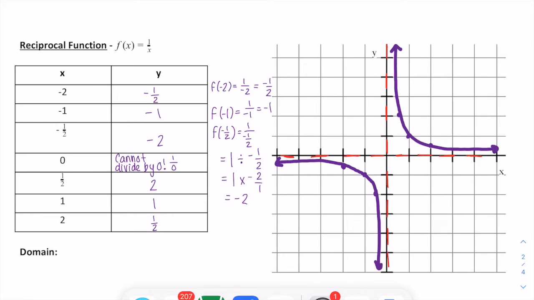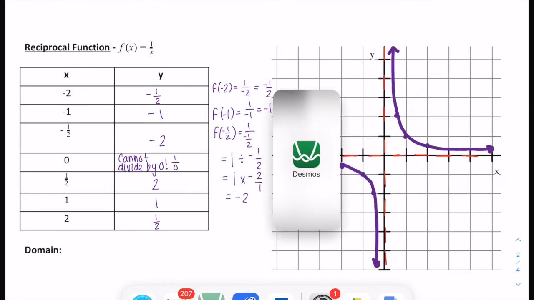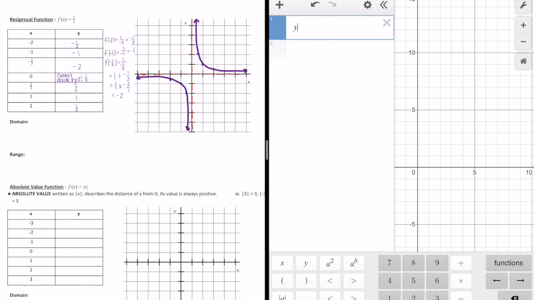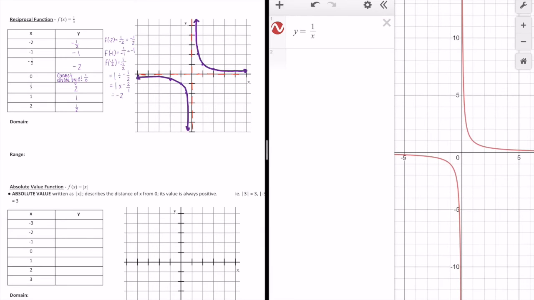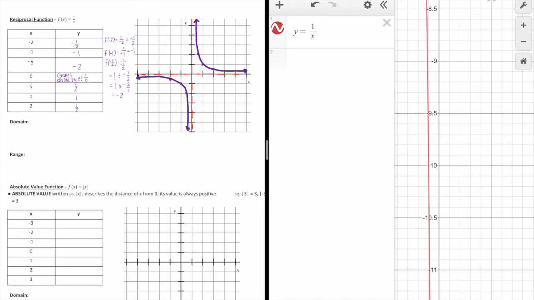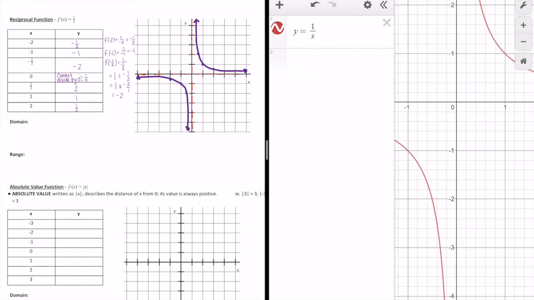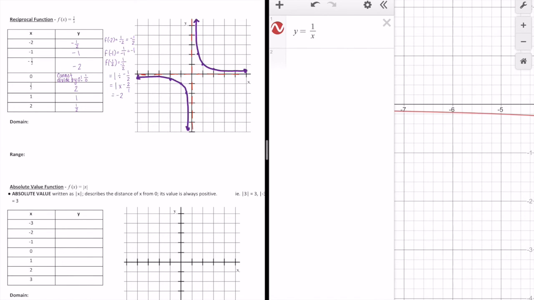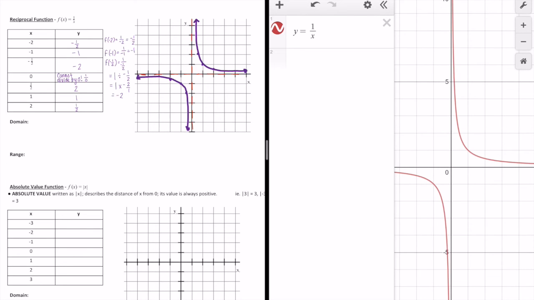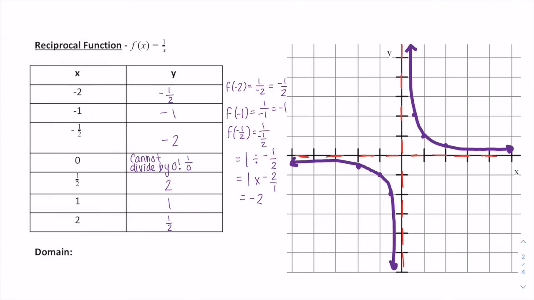We'll graph it on Desmos because it'll make it a little bit easier to see. I get that same funny shape, but if I zoom in, my graph never touches the y-axis or the x-axis. It gets very, very close, but it never will touch it. So that is where we get our asymptotes.